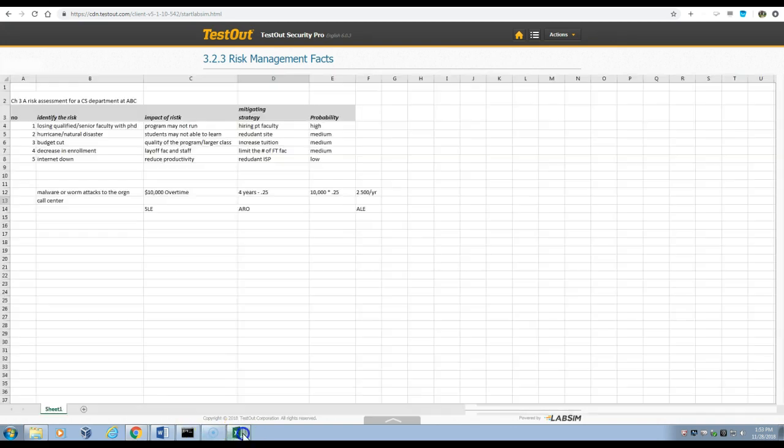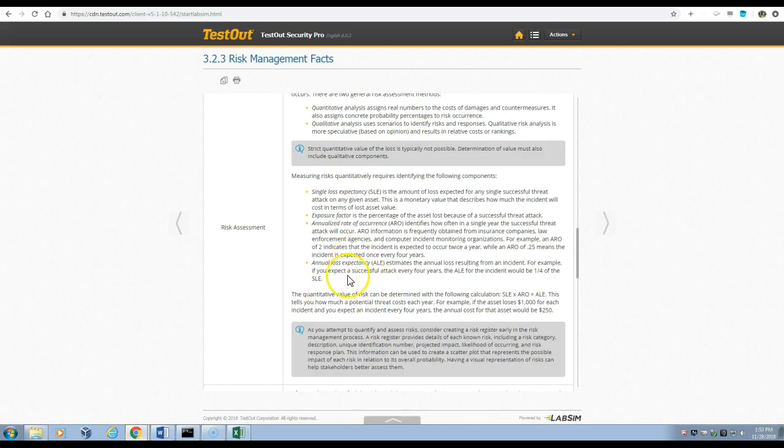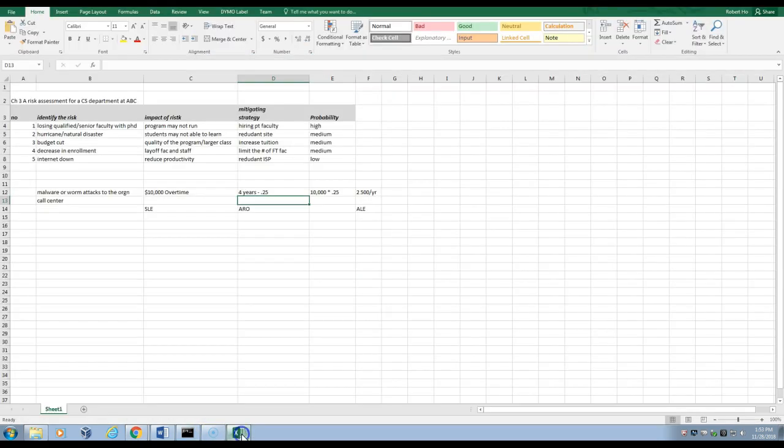So, for example, in this scenario, the annualized loss expectancy is 10,000 multiplied by 0.25, which is what? 2,500.